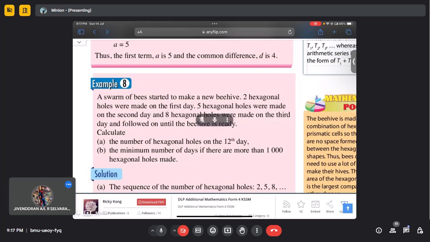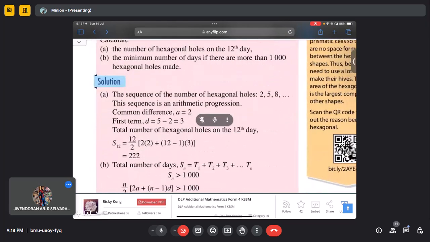So first, from the question we can get info where the first term is 2, so A equals 2. Then the second term is 5 and third term is 8. So the sequence is 2, 5 and 8. So by that we can get the common difference, which is 5 minus 2 equals 3.